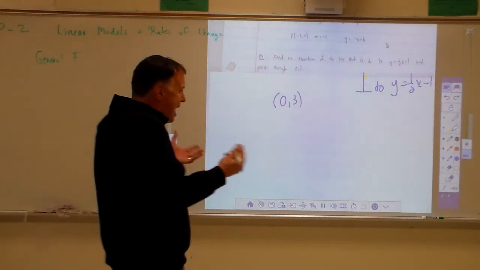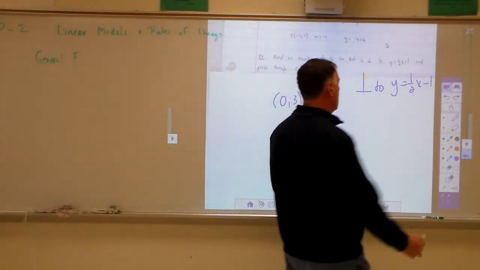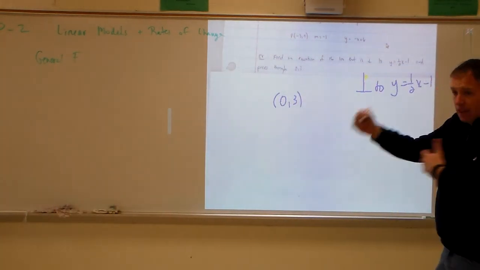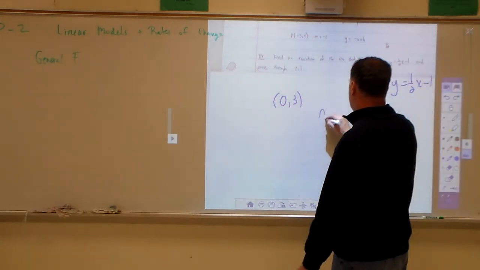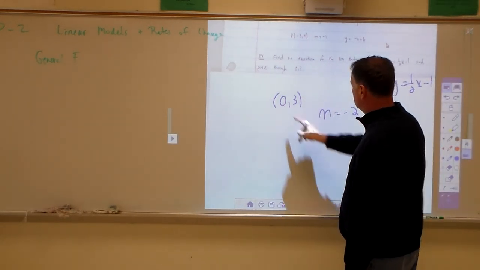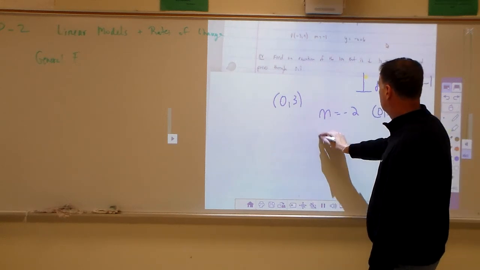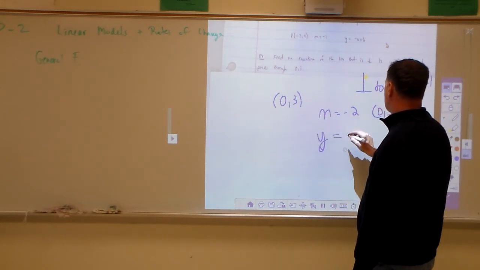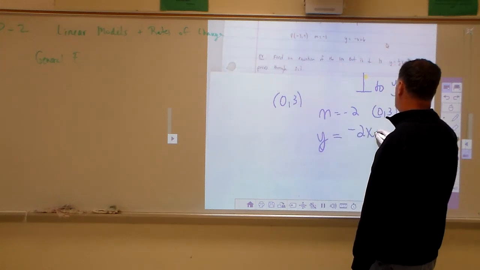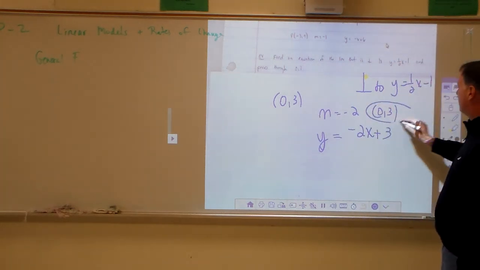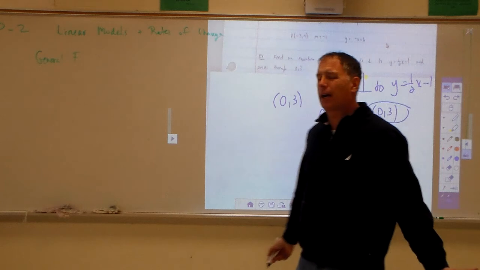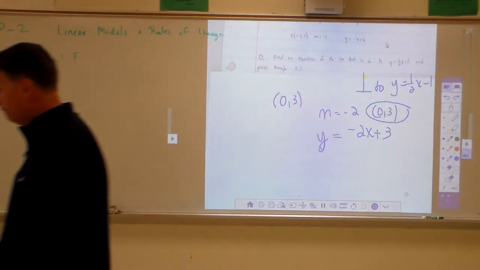So I take the negative reciprocal of 1/2. I flip it and take the opposite. m is -2. My point is 0, 3. Plug it in. You're going to find y equals -2x plus 3. They give you the intercept right there. You could have done the work out, but same thing.